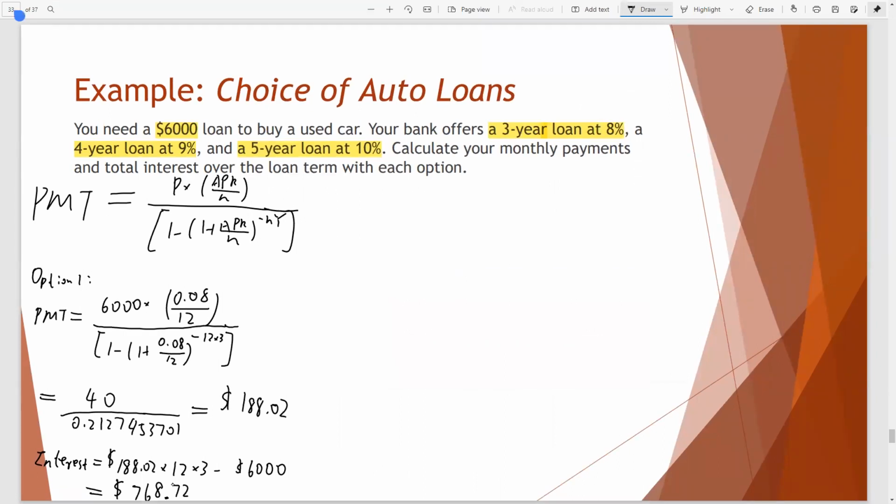Right, so monthly payment $188, and from that the total interest you pay is $768, right?